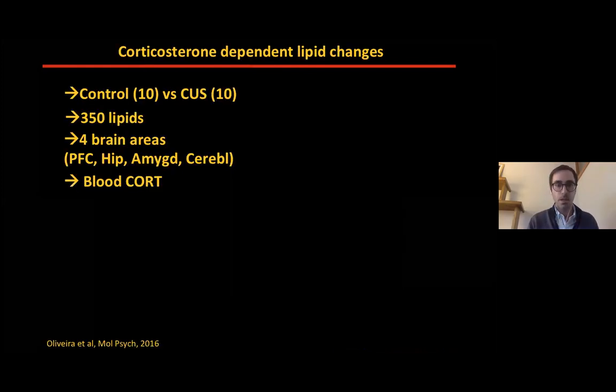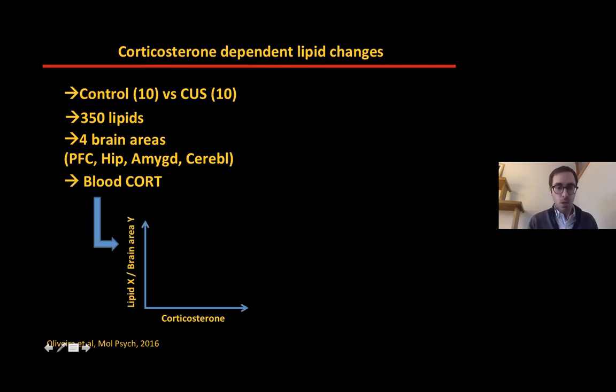So in our own work, to actually get more mechanistic insights into what was going on, we took into consideration all the animals that we had studied, all the 350 lipids that we had studied in our lipidomic analysis, and the 4 brain regions that we analyzed: the prefrontal cortex, hippocampus, amygdala, and cerebellum.